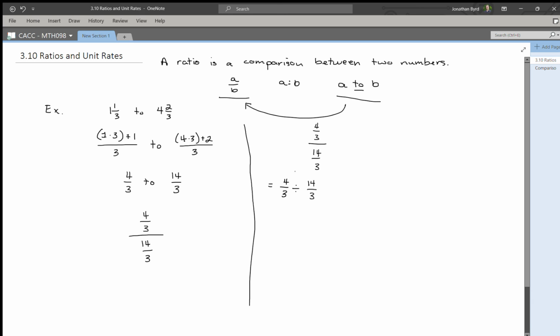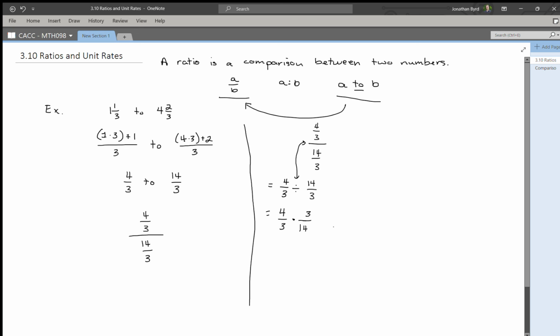Remember that these two signs are really saying the same thing. I'm just writing it differently. And now that is an analogous problem to a multiplication problem where the second fraction is the reciprocal of the first. Okay. So 4/3 divided by 14/3 is really the same thing as saying 4/3 times 3/14.